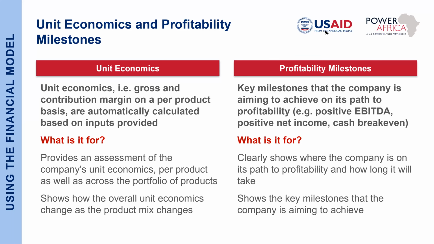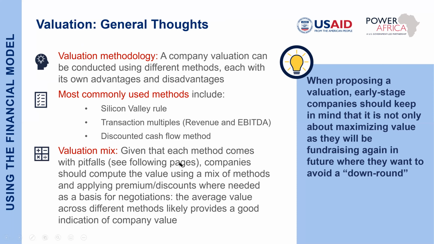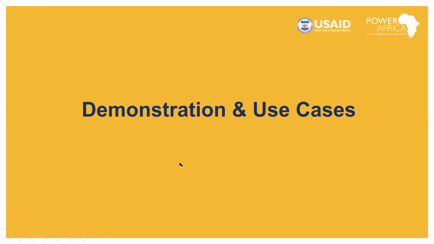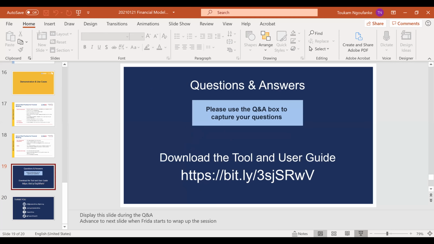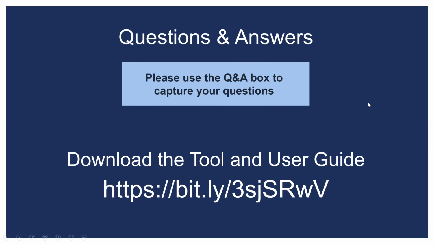But perhaps I start with a few administrative questions, and it's a couple of questions around the access to the tool and the webinars. The tool is publicly available, all parts of it, and I think you can see the link on the screen right now.